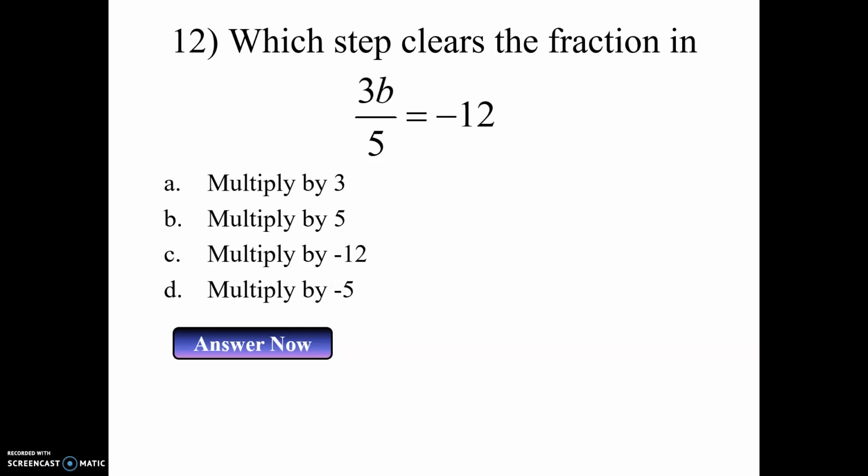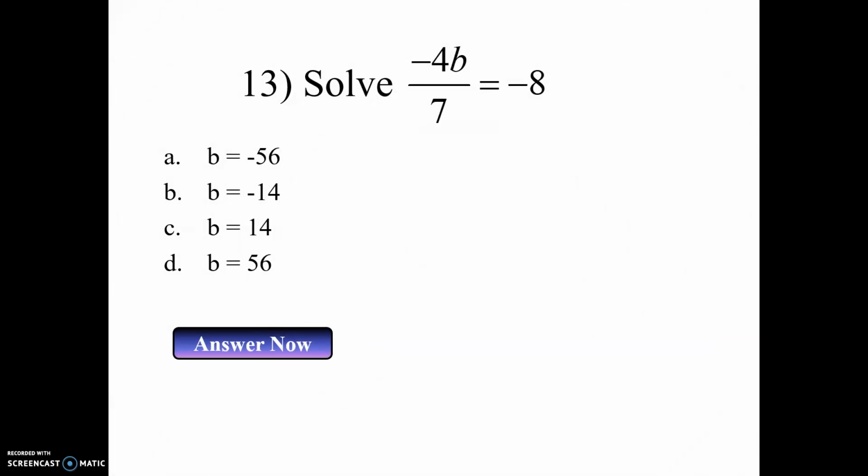A couple more examples here. Number 12, which step clears the fraction in this one? Well, if you chose B, multiply by 5, you are correct. How about this one?